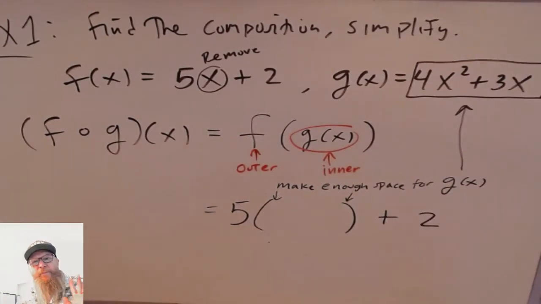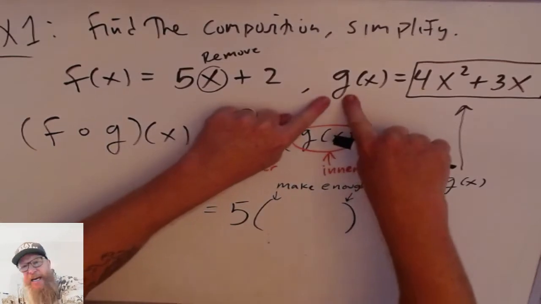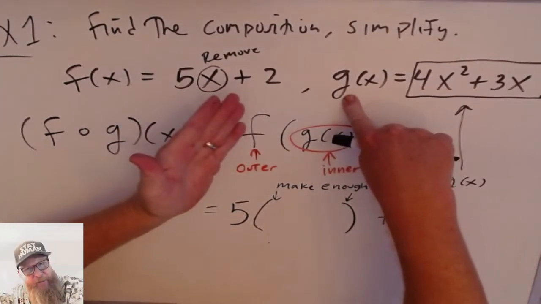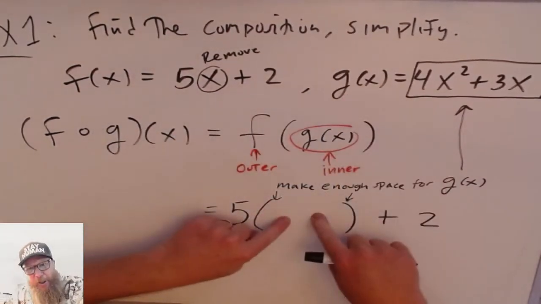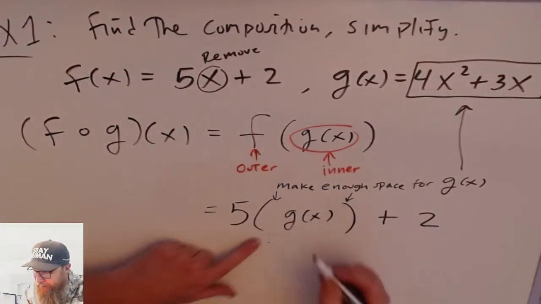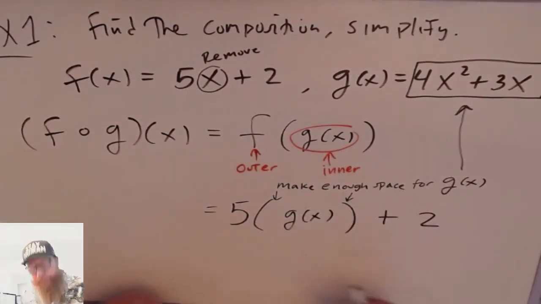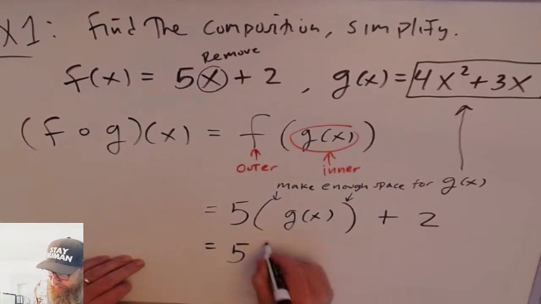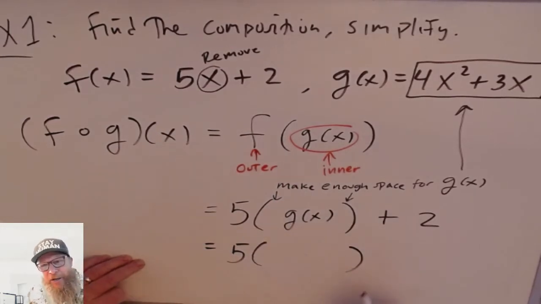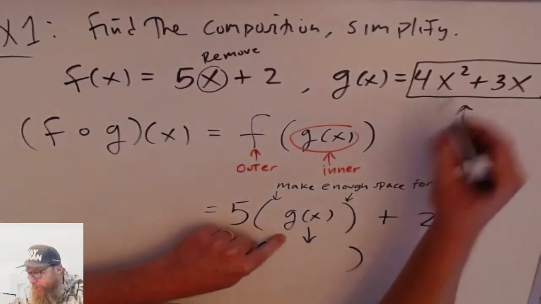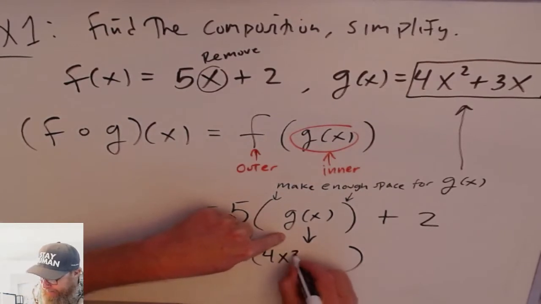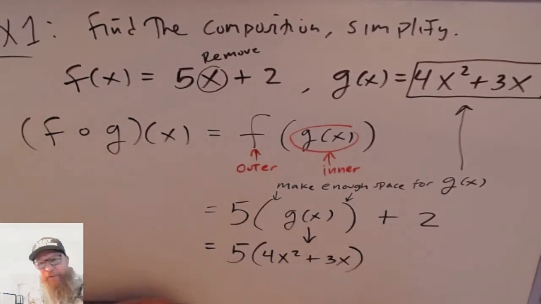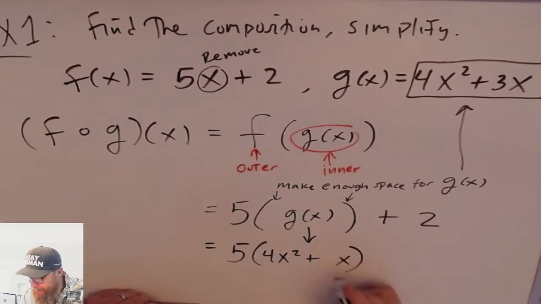Now, I think I made this clear in one of my previous lectures. G is just the name of the function. You could put the name of the function in there. But as soon as you do that, you have to replace g with who g actually is, 4x squared plus 3x.